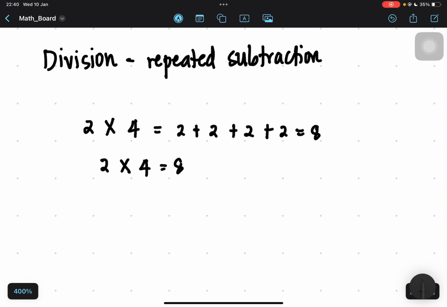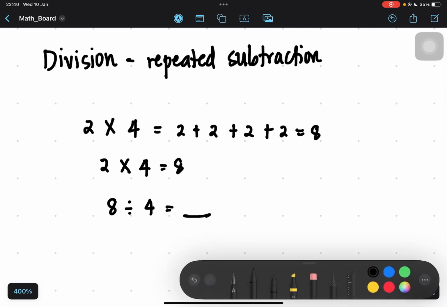Since 2 multiplied by 4 is equal to 8, what if the question is 8 divided by 4? What is the answer if we divide 8 by 4?